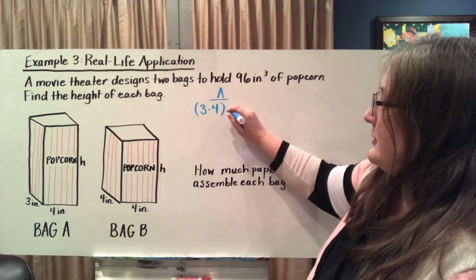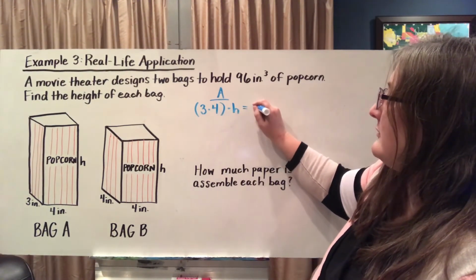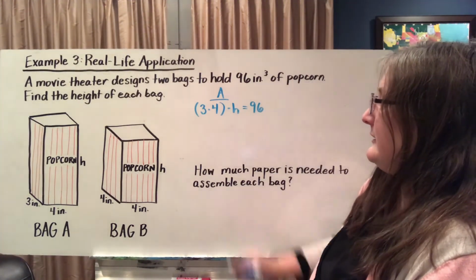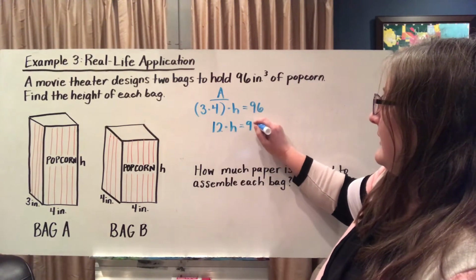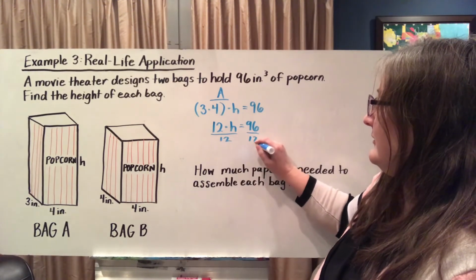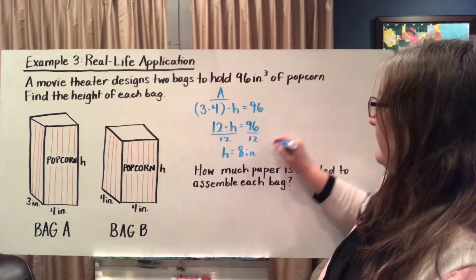And I want to figure out how high it's going to go, how many layers high. But I know it's going to hold 96 cubic inches. So 3 times 4 gives me 12, so I have 12 times h equals 96. I can divide each side here by 12 to find that this bag is going to have a height of 8 inches.